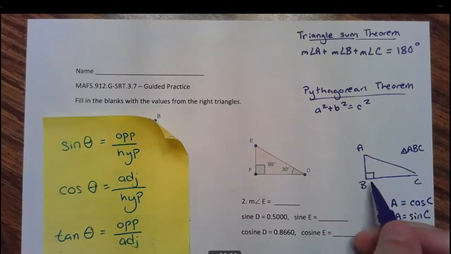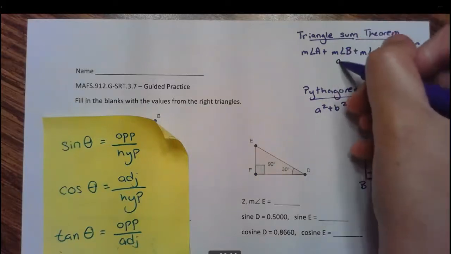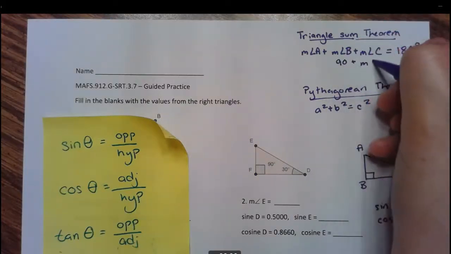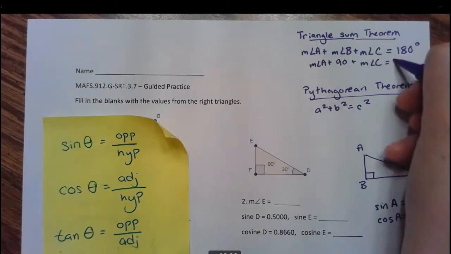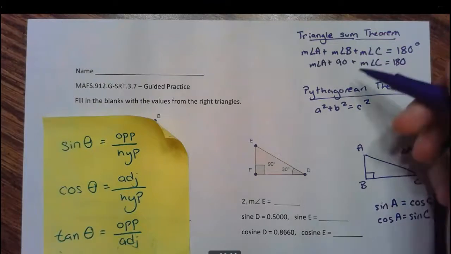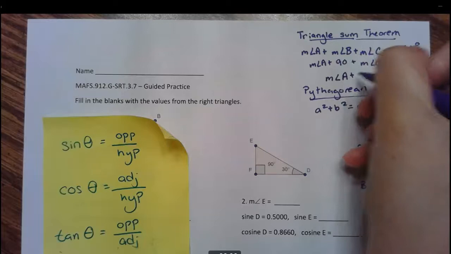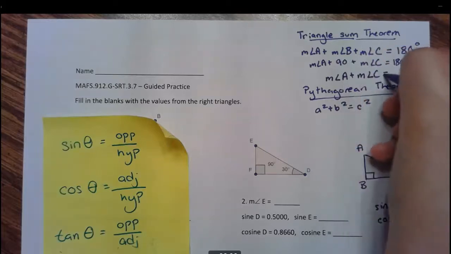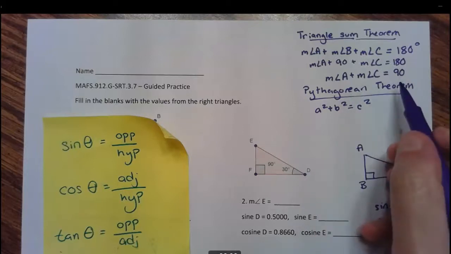If you remember, angle B is 90 degrees, so we could plug that in right here. And say that that's equal to 180. Now I'm going to subtract the 90 from both sides, and we know that these two angles, 180 minus 90 is going to be 90, are going to add to 90 degrees.